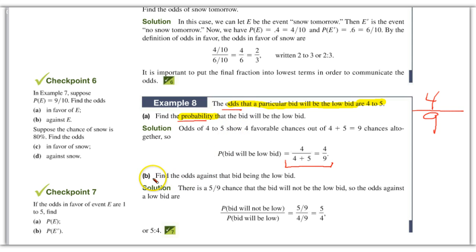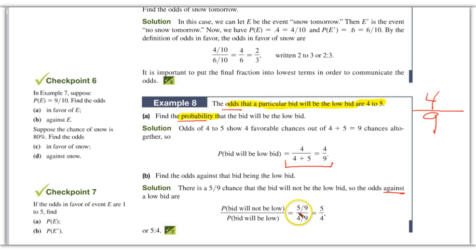All right, in example B, find the odds now that the bid will not be the low bid. Well, that ratio is 5 out of 9. So the odds against low bid are 5 out of 4.